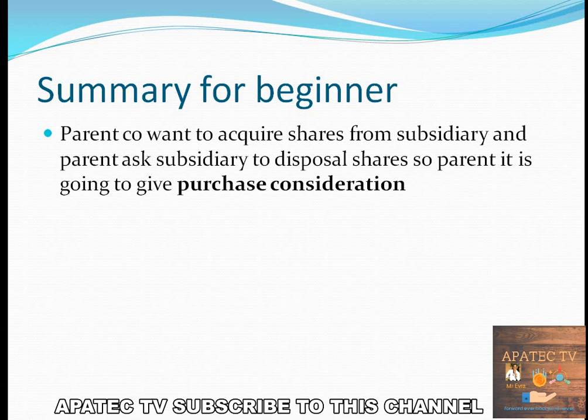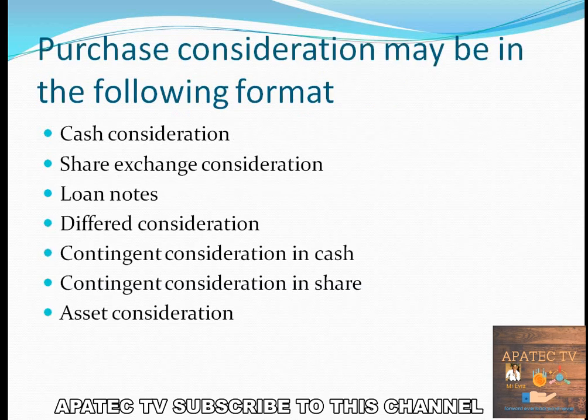The purchase consideration may come in different forms, as follows. It may be cash consideration, share exchange consideration, loan notes, or deferred consideration. It may also be contingent consideration in cash or in shares.